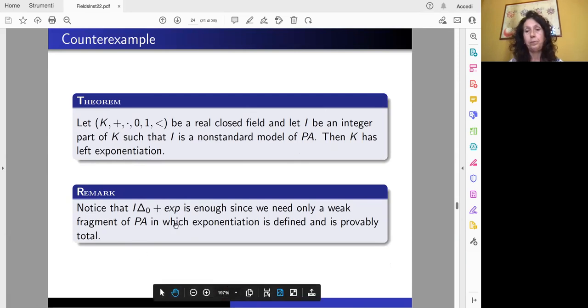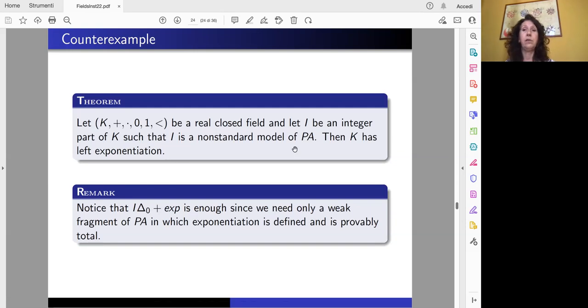This explains the remark that if we start with a model of Peano arithmetic, it has an exponentiation in it, defined by a formula, and it is provably total. So every model of Peano arithmetic carries an exponentiation. While those working in the field know that I delta 0 does not have this: exponentiation is not provably total.